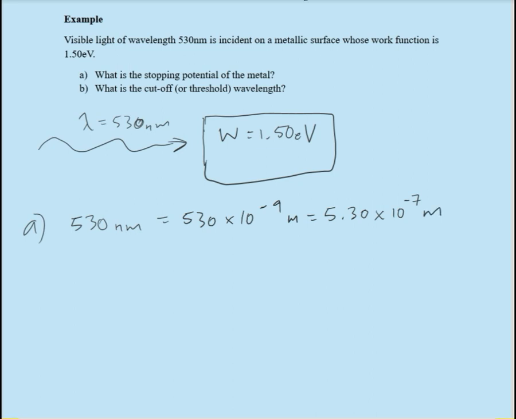And then electron volts, we can just leave it like that, because I think we'll work in those units. So these emitted electrons are coming out with their kinetic energy.